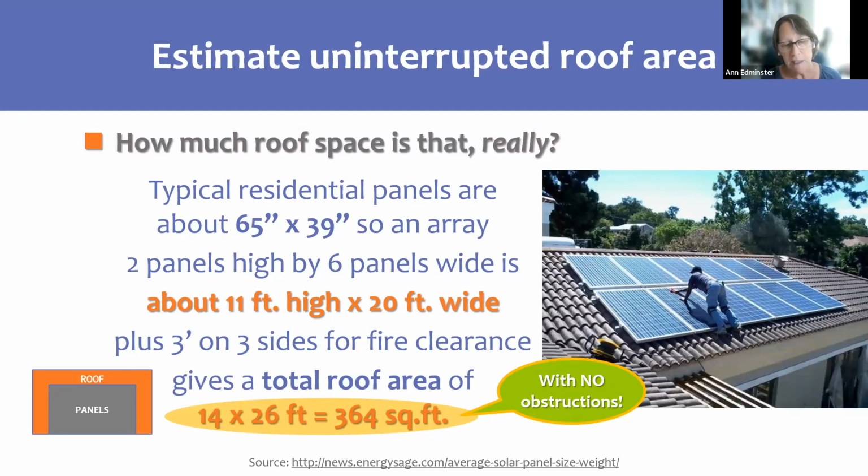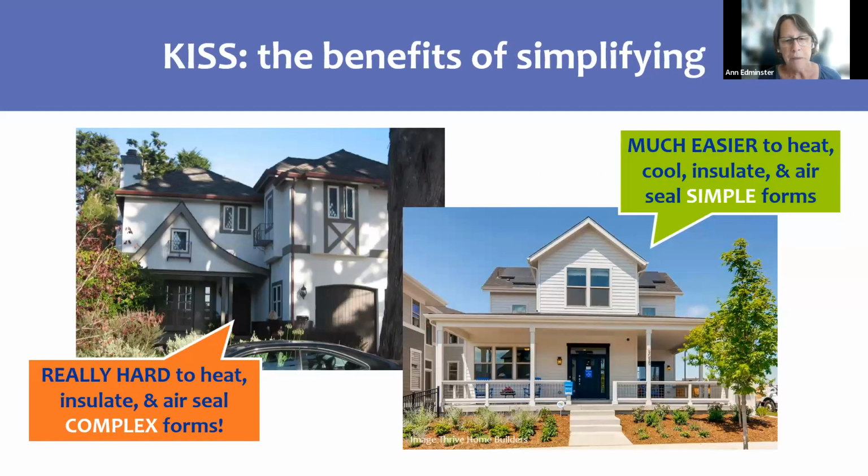That clearance is going to vary based on the jurisdiction, but if we say 3 feet on 3 sides, in this particular case, that means we need 364 square feet, not just the 220 that would be indicated by the array size. And that's without obstructions. So it's going to take some effort to make sure we have the right amount of space. This leads me to a conversation about simplifying.